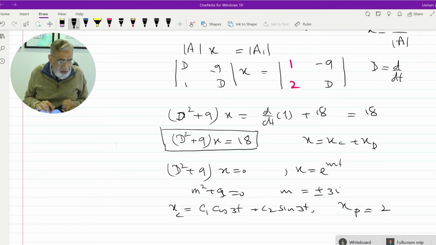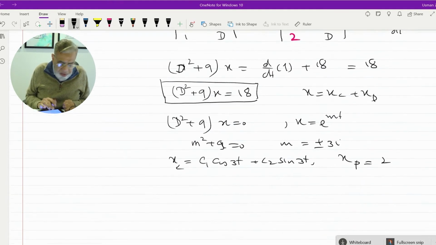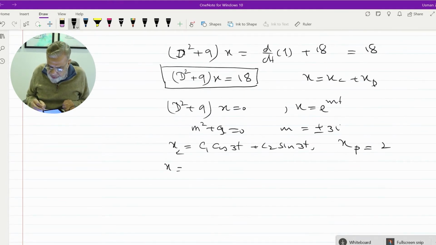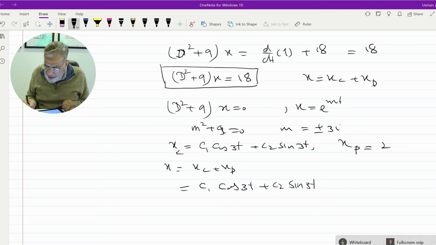So we can write the solution as I wrote before, that x is equal to xc plus xp, which is equal to c1 cosine 3t plus c2 sine 3t plus 2. Similarly, we substitute in equation 1 and we get the value of y.